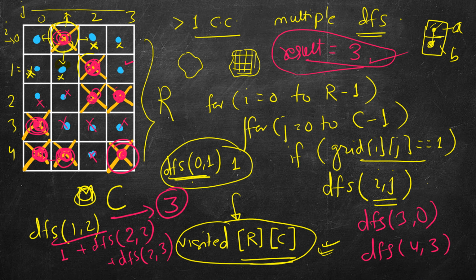So what is the time complexity? If you see, we iterated through this complete grid. So R cross C. And what else? Did we visit any node multiple times?